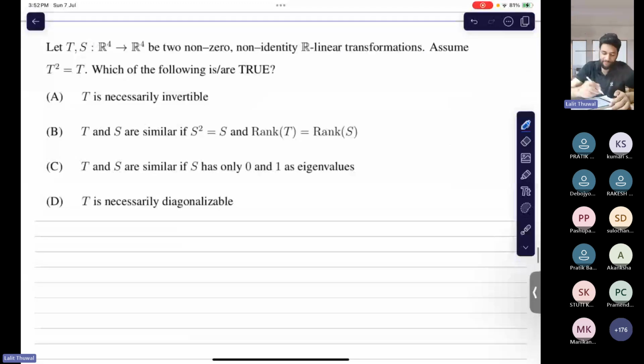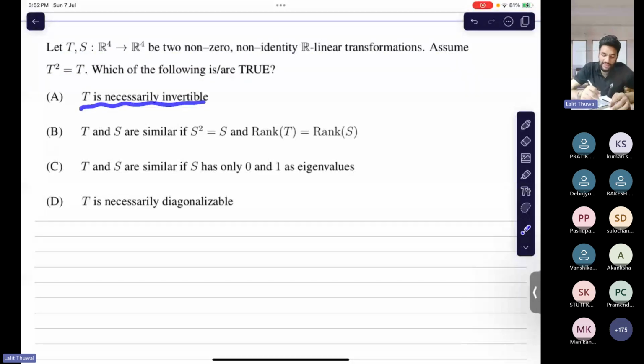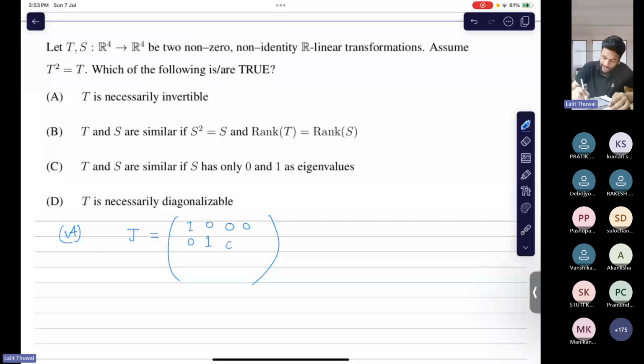What does it say? Let T and S: R4 to R4 be two non-zero, non-identity R-linear transformations. Assume that T squared equals T. Which of the following are true? T is necessarily invertible. So take T equal to some idempotent but not zero and not identity. This is an idempotent matrix, right?